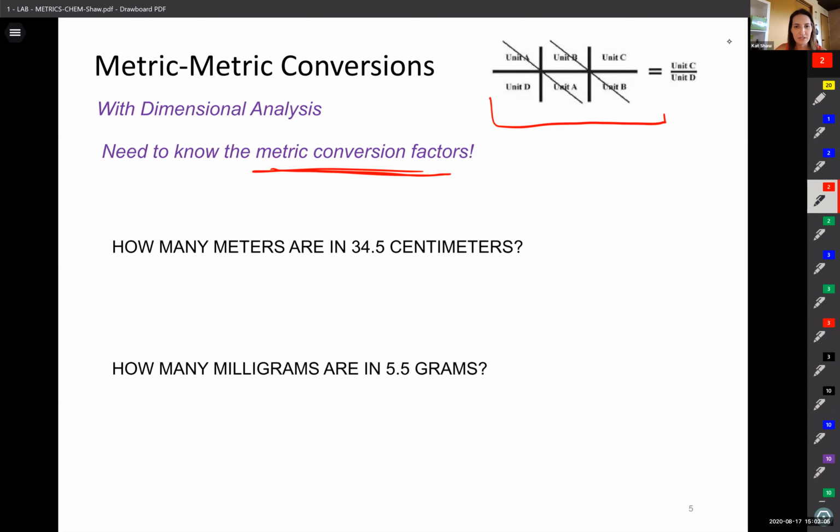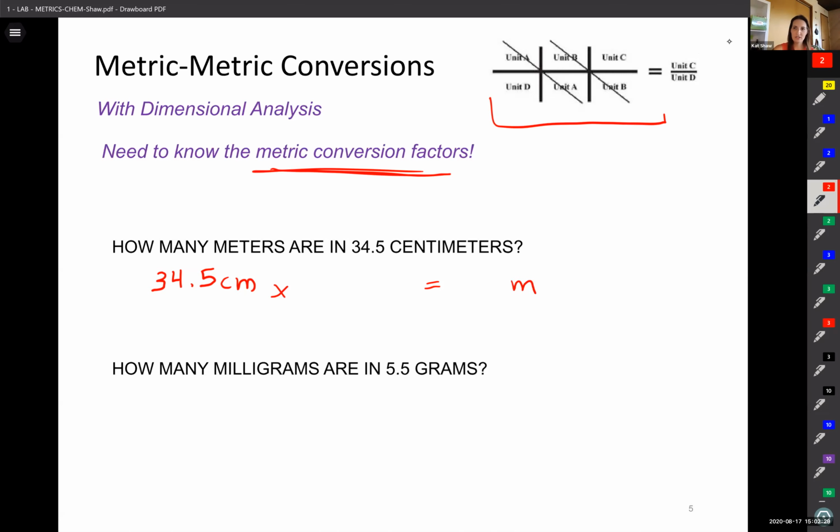If I had to convert 34.5 centimeters to meters, in the end I want meters.